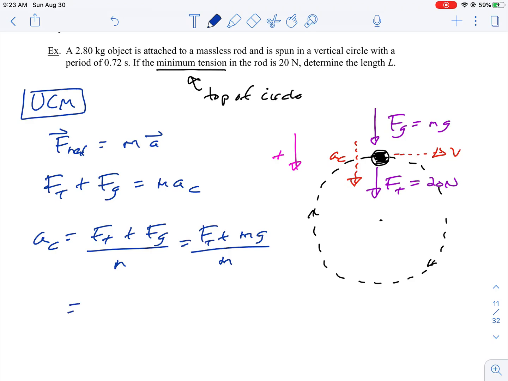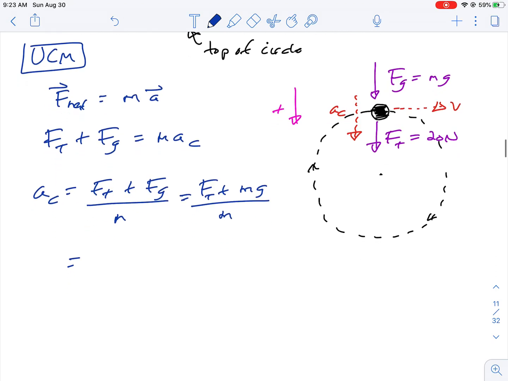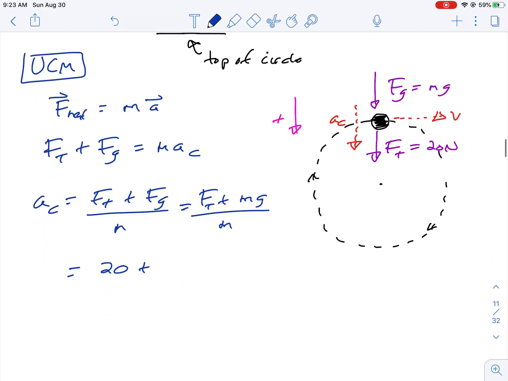So that means we're going to have 20 plus the mass of this thing, which is 2.8 times 9.81, all over 2.8. Okay, let's find that first. All right, it's about 16.953 meters per second squared.